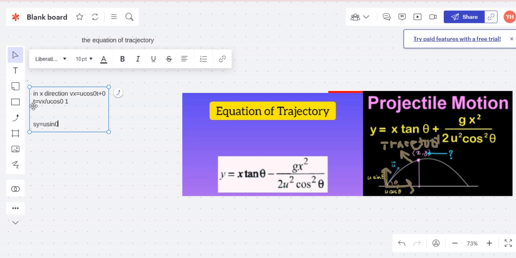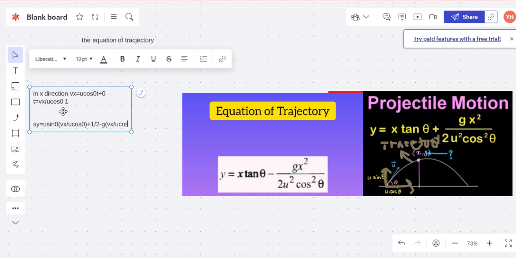Instead of t, I'm going to write this value, vx divided by u cos theta, in both places, and g is minus, as you know.